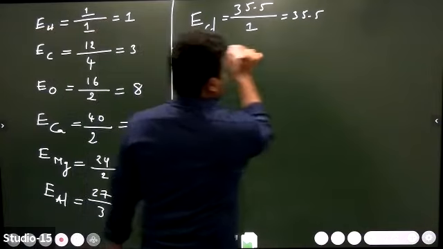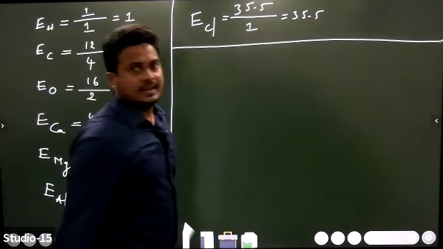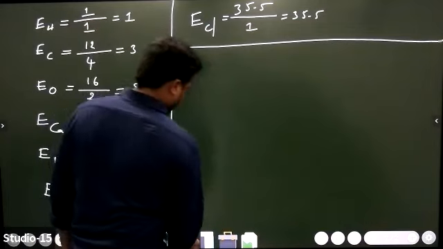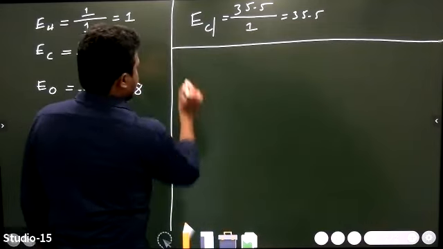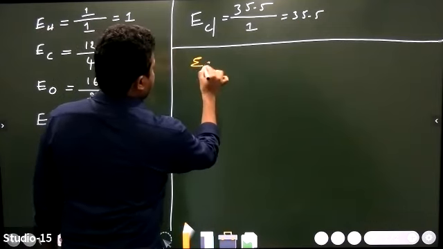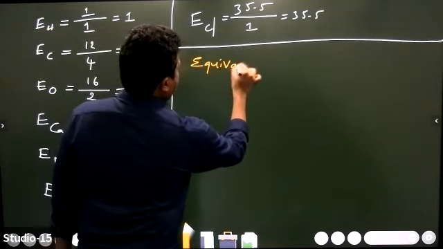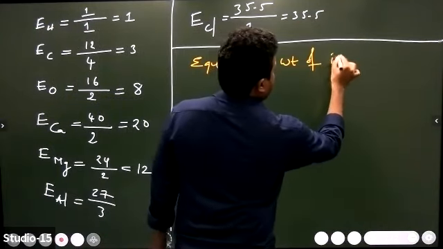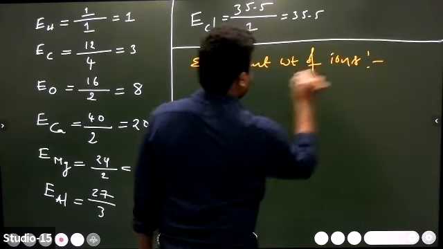Now, next one. How can we calculate equivalent weight of ions?